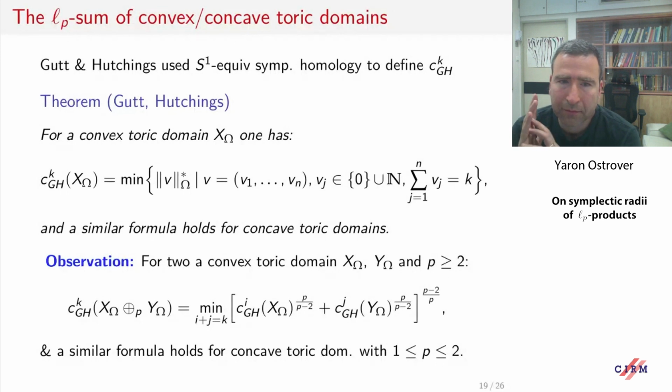Basically, if you want to prove it in general, you need a product structure on the positive S1 equivariant symplectic homology. And that seemed not so trivial to do. We tried a bit, and it was not so nice to do the product which would get exactly what we want. We are still thinking about it sometimes.